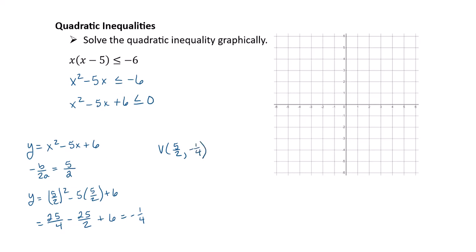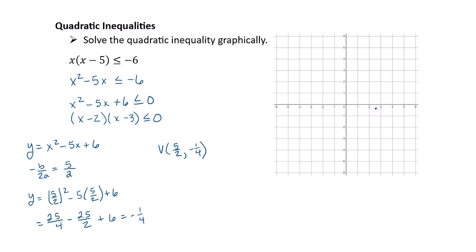Let's go ahead and graph that. That'd be 2.5 and a negative 1/4, so about right here. And this parabola is opening up. Let's see where we can find the x-intercepts. If we had to factor this like we did with quadratic inequalities before, we factored it as x minus 2, x minus 3, and that was less than or equal to 0.